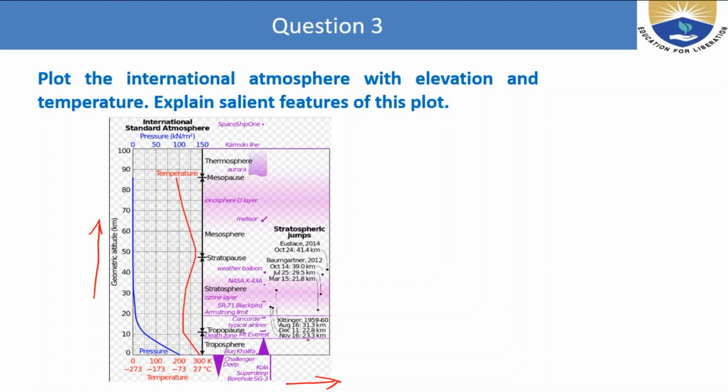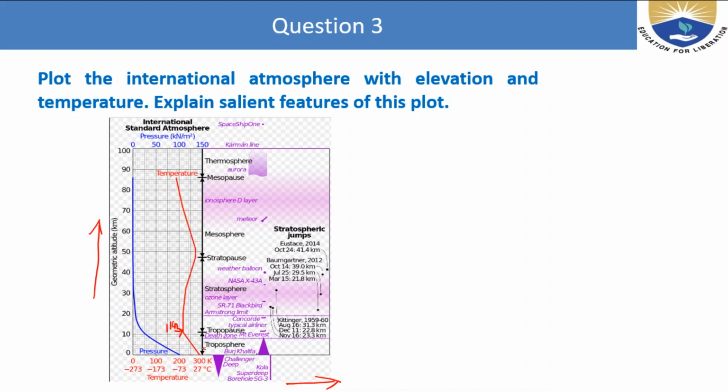So here, if you see the temperature at 0 it is minus 273 Kelvin. 100 means minus 173. It is at 27 degrees centigrade. So if you see here, up to the troposphere, this is nearly 11 kilometers.